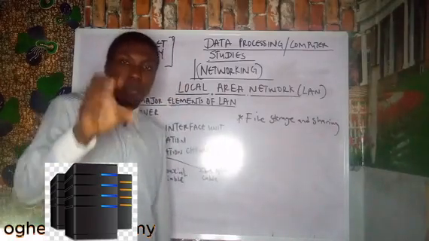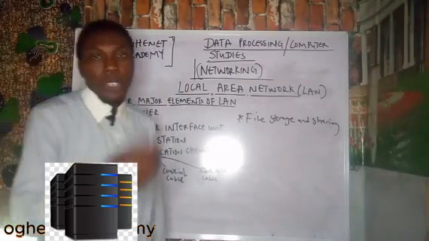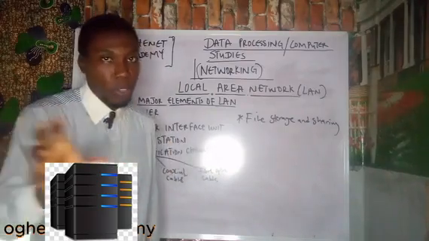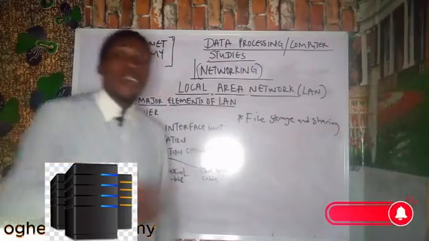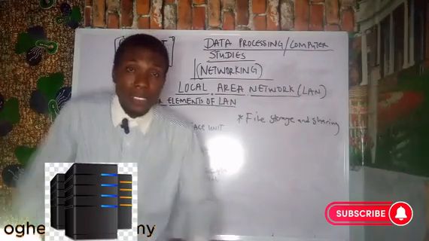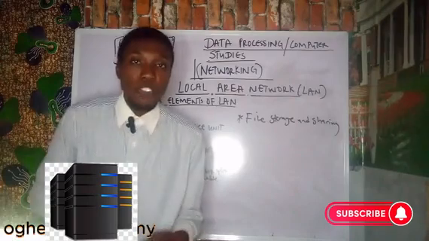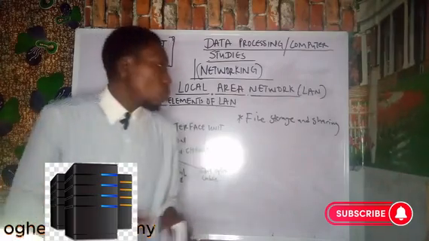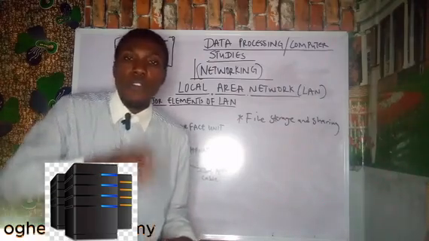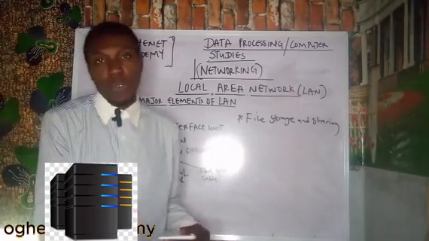Remember I said one of the major purposes of networking is to what? To share information. So the server is like the central system where information is shared. The server also provides the storage for all the other systems that are connected to this network.